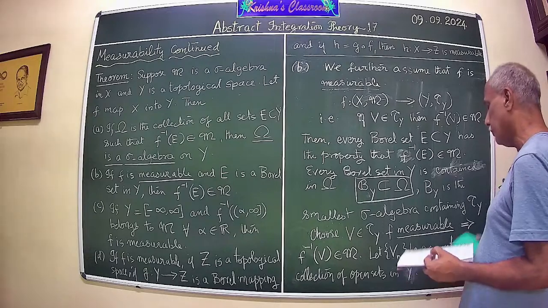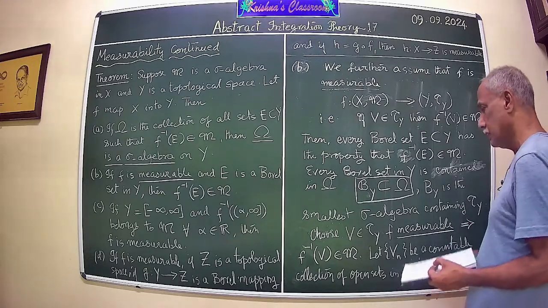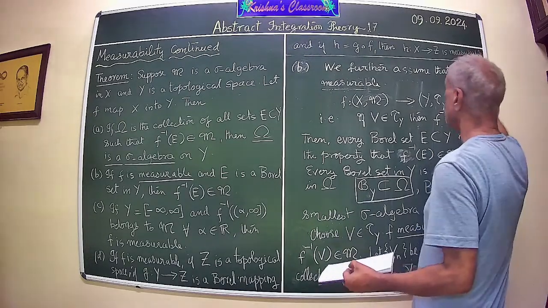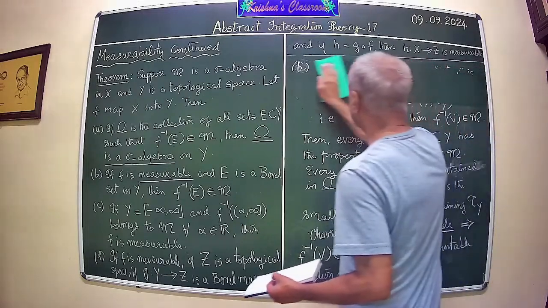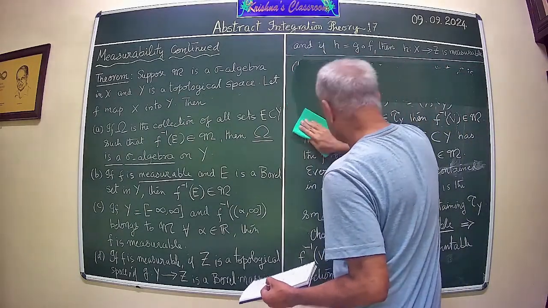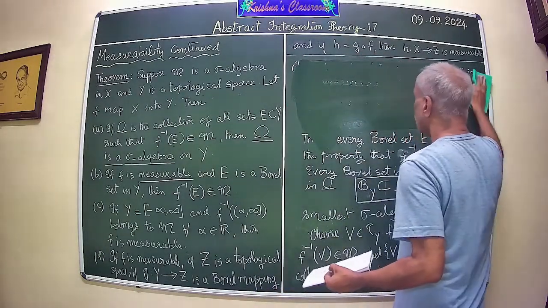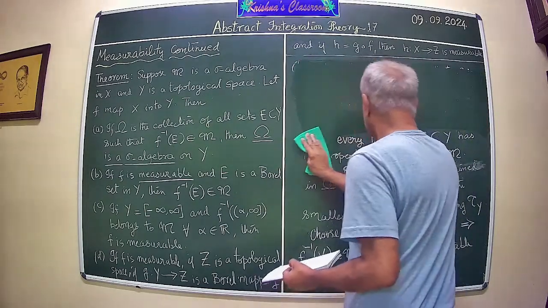Okay, then you know that their union is in tau Y. What we work on is their pullback.